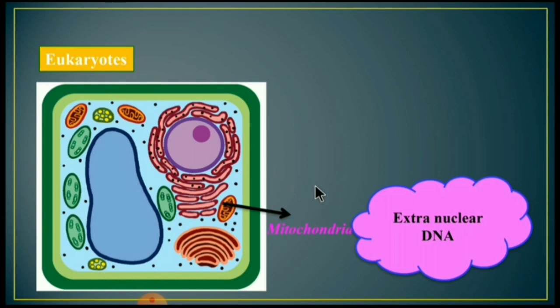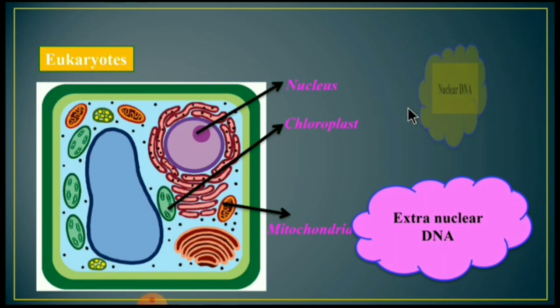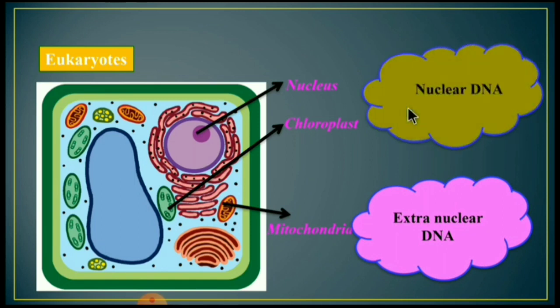The negligible amount of DNA found in cell organelles like mitochondria and chloroplast is called extranuclear DNA. Whereas the major amount of DNA confined to the nucleus is called nuclear DNA.